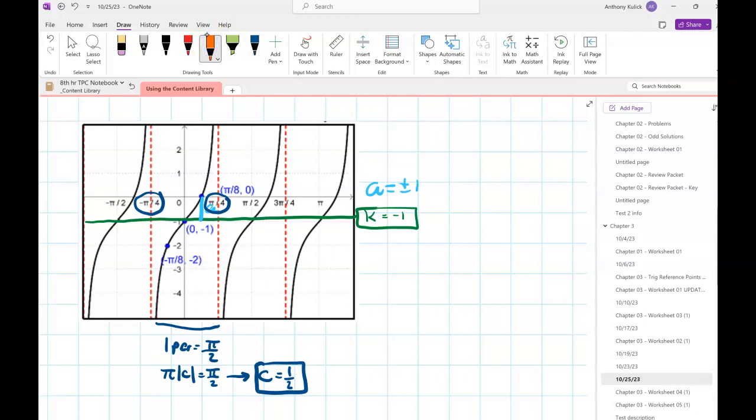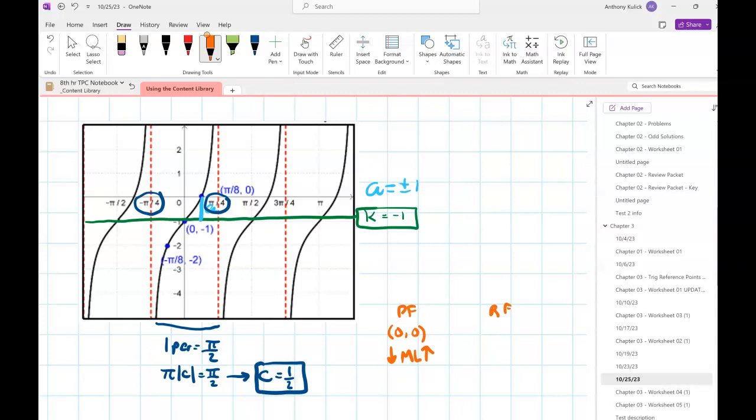All right, the last thing we need to do is figure out the sign for A and the value for H. So what point from the parent function do we use? 0, 0. What type of point is that? It's a down-up midline point.